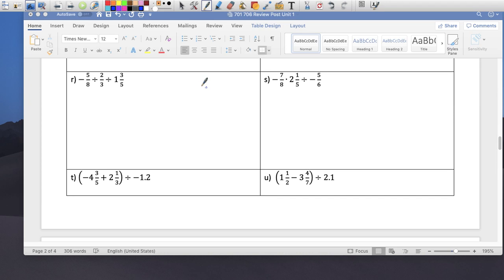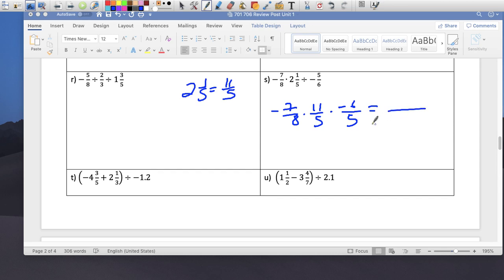This one, let me change 2 and 1/5 to 11 over 5. So it's negative 7 over 8 times 11 over 5, and then times negative 6 over 5. Nothing to simplify.